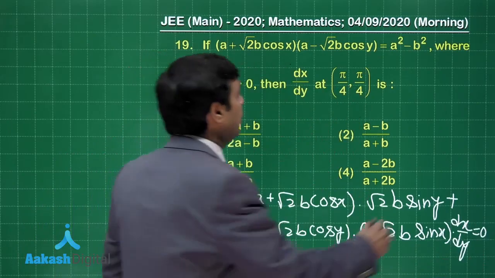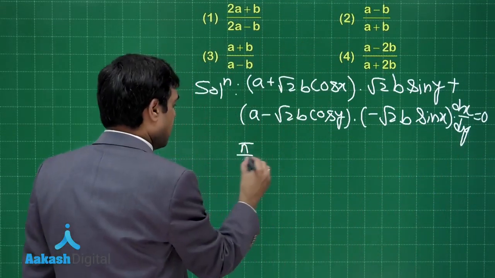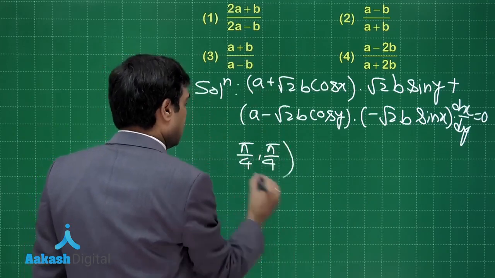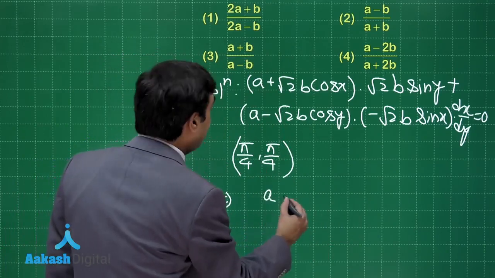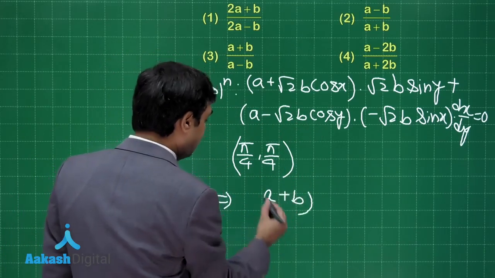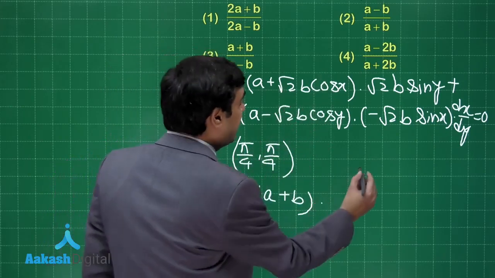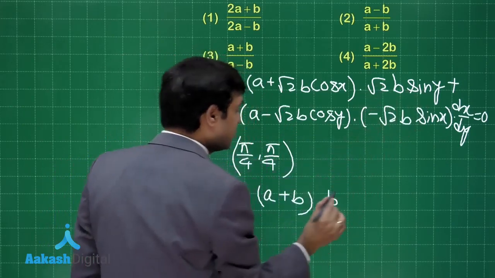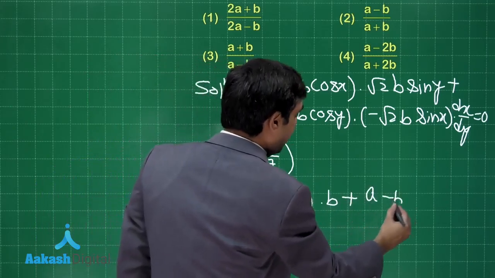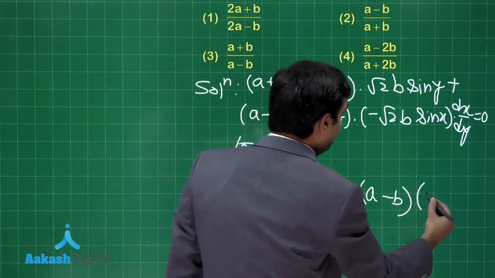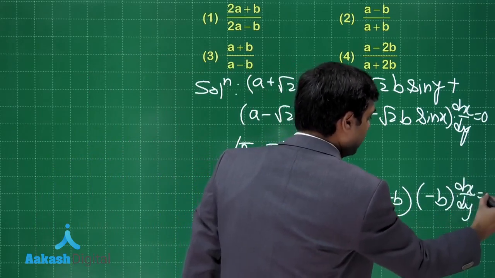This is clear. Now we need to put pi by 4, pi by 4. When you put pi by 4, pi by 4, you will be getting (a plus b), because you can see that root 2 into 1 by root 2 cancelled, multiplied with root 2, 1 by root 2 cancelled, so just b, plus here we have (a minus b) into minus b into dx by dy is equal to 0.